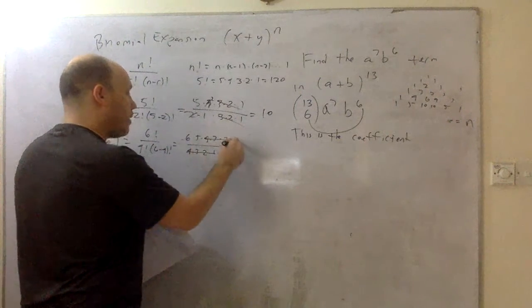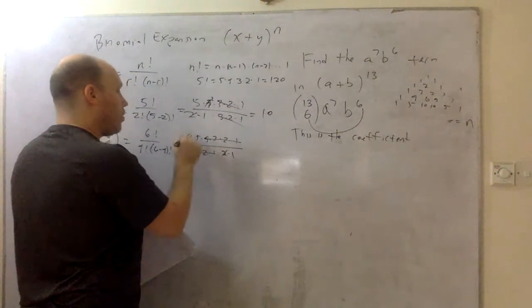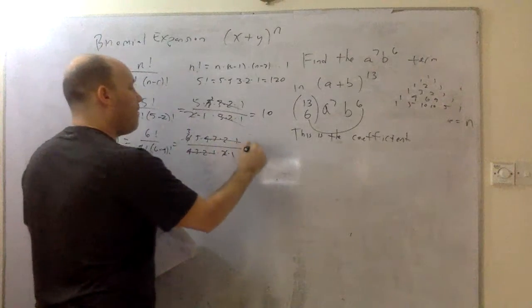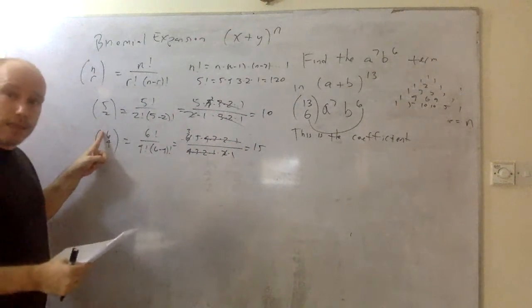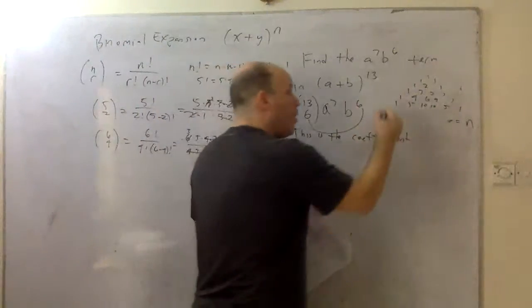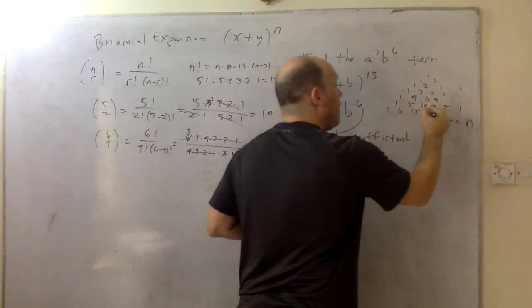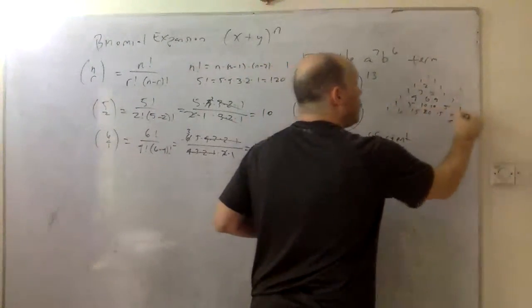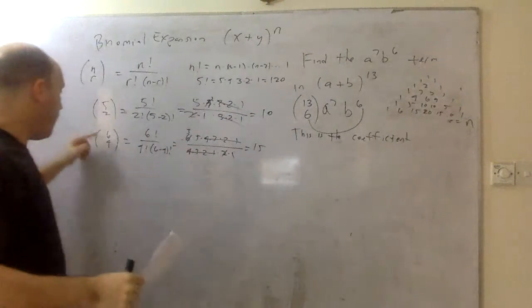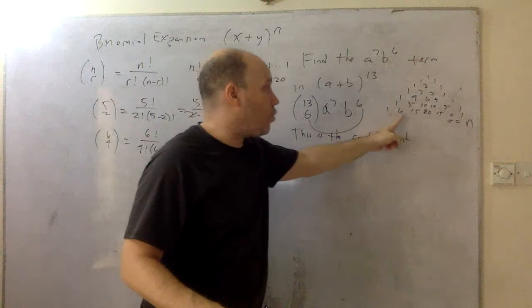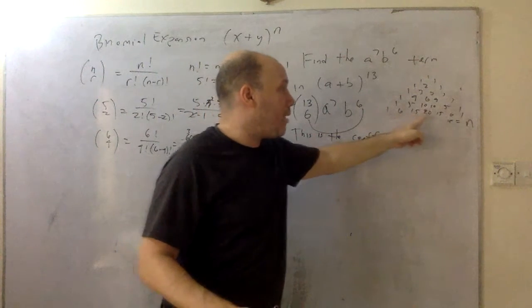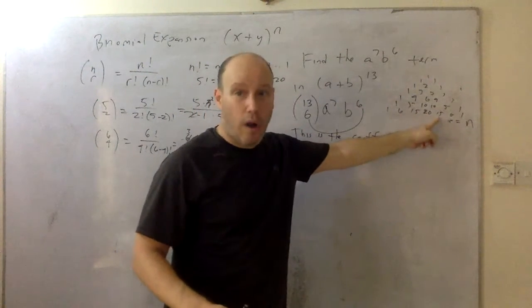This goes out with this. That goes out with this. And we have 15. I can do another row: 1, 6, 15, 20, 15, 6, 1. That's 6 choose 0, 6 choose 1, 6 choose 2, 6 choose 3, 6 choose 4.